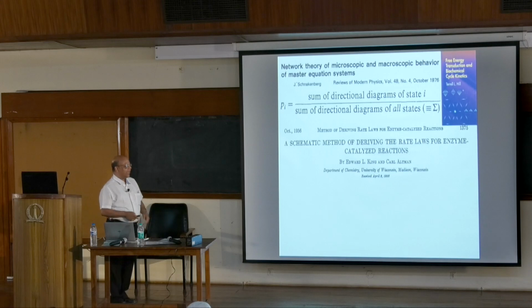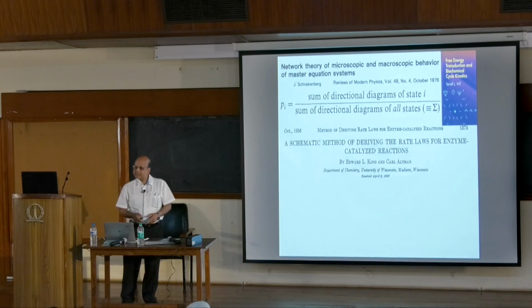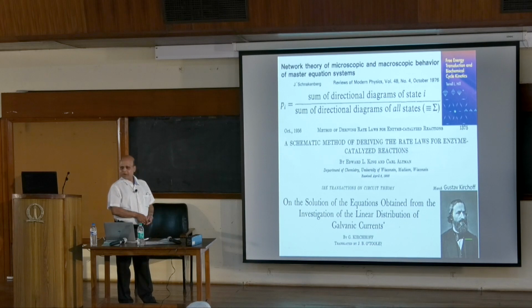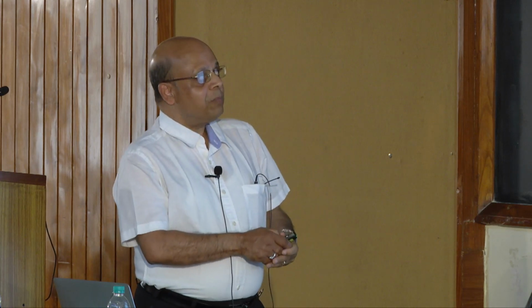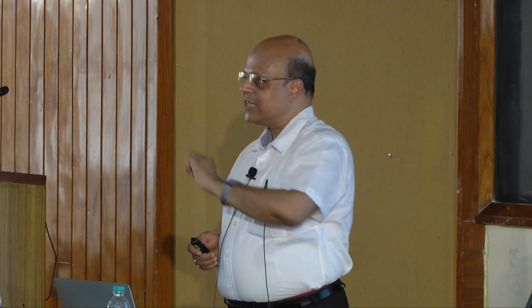If you go back, King and Altman also rediscovered it, and the original glory of the derivation should go to none other than Kirchhoff. And I'm sure students are also familiar with Kirchhoff's laws for electrical circuits. If you look at each of these nodes, where you actually calculate the voltages, these nodes are the counterpart of the probabilities of various different states.